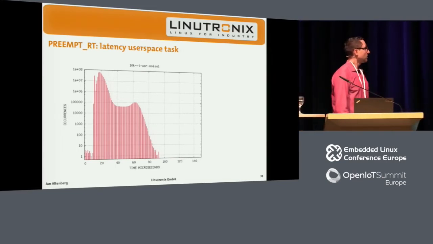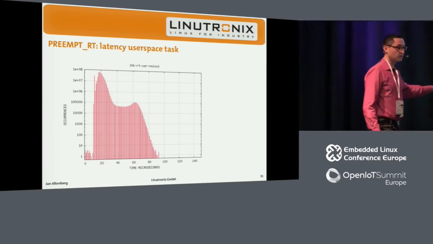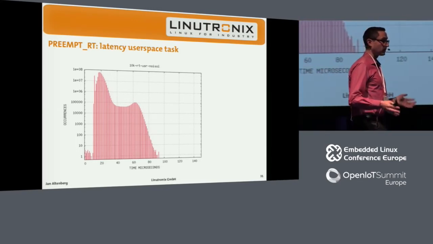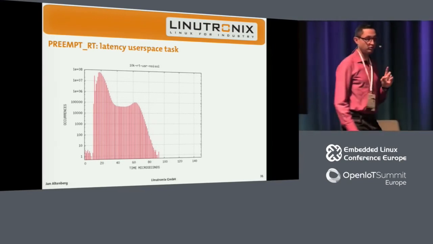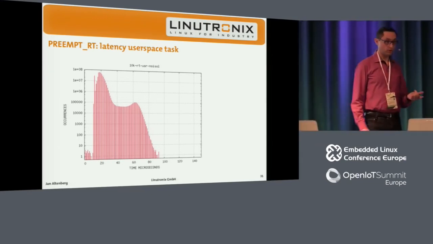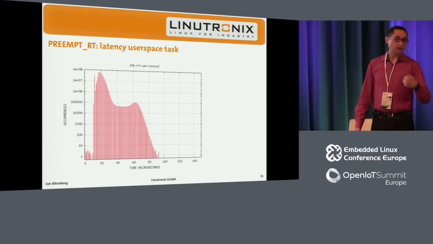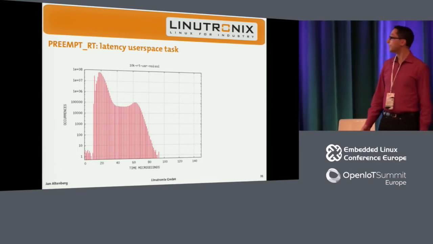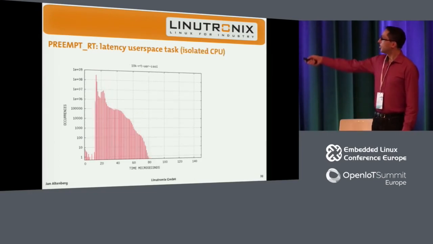And one thing we tried right here: since PreemptRT is a standard Linux system, we can actually use all the standard Linux features. So we were wondering what would happen if we isolate one CPU, as it was a dual core system. What would happen if we start isolating CPUs just for handling that interrupt? So that was the next measurement we took, doing the same measurement with an isolated CPU.